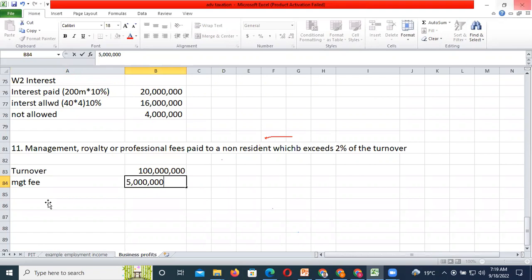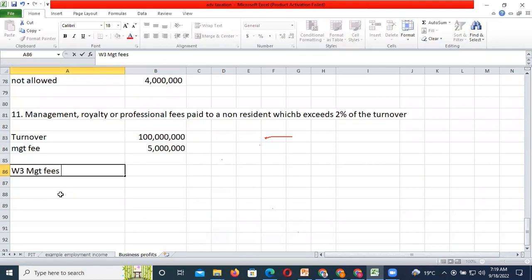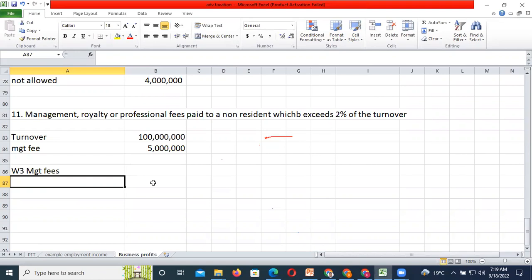So when we are adjusting this part, we shall make a working, maybe working 3, we call it management fees. Here, how much was paid, then the amount allowed.